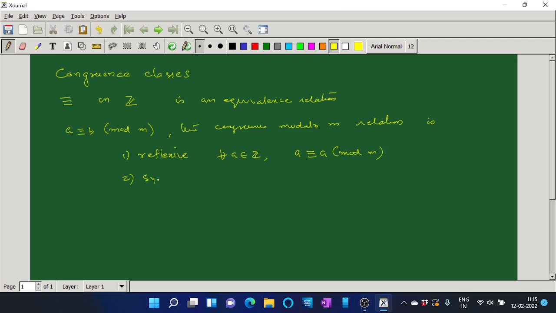Secondly, it is symmetric, that is, for any a, b in the set, a congruent to b mod m if and only if b congruent to a mod m.